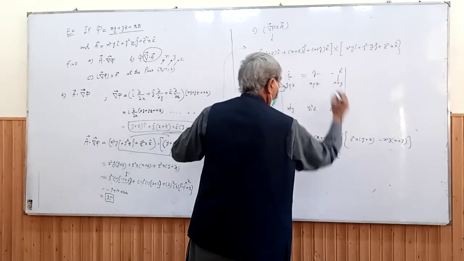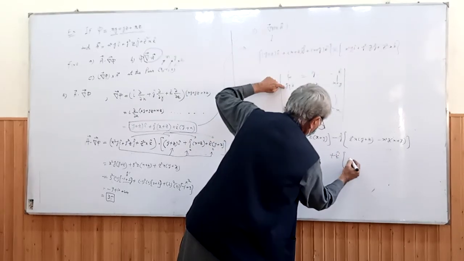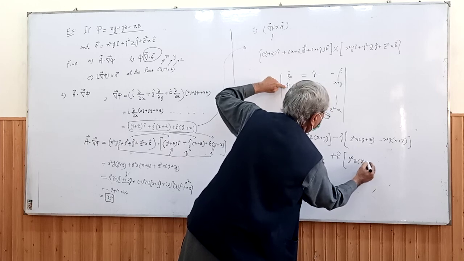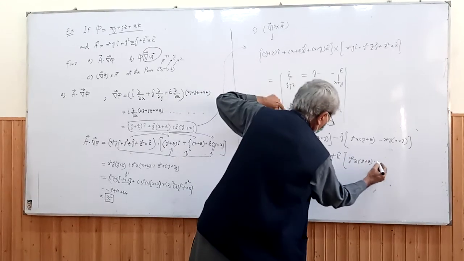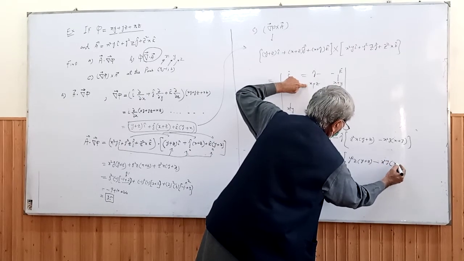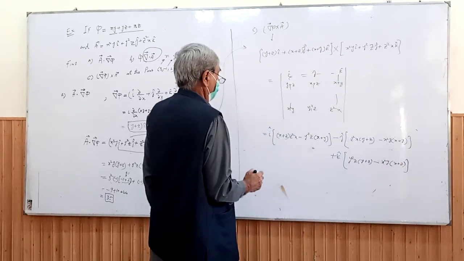So you will be having k, y square z into y plus z minus x square y into x plus z.